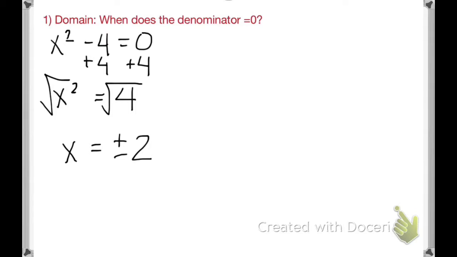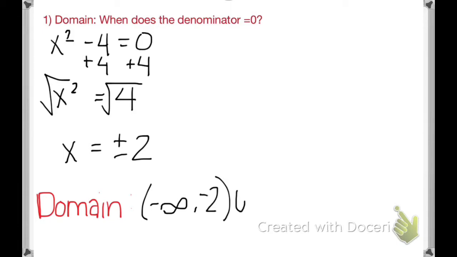Now those numbers are going to be when our function is undefined, saying that those are the numbers that control our domain. So when we write our domain, we're going to start from the number negative infinity, which is to say that all negative numbers are going to be included, up until we reach the number negative 2.